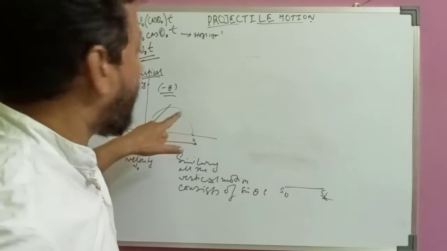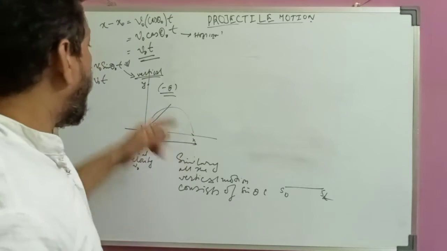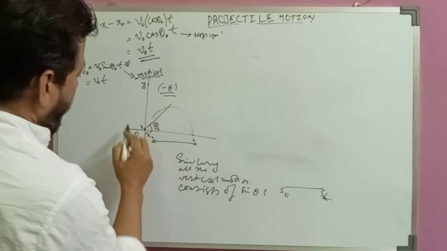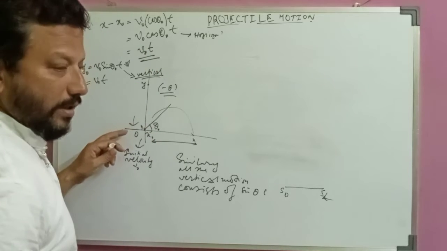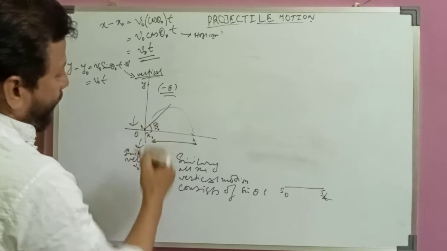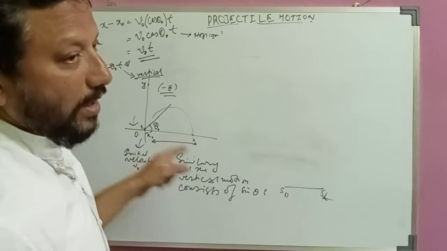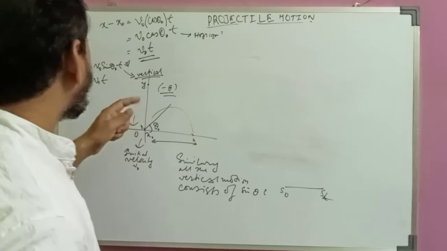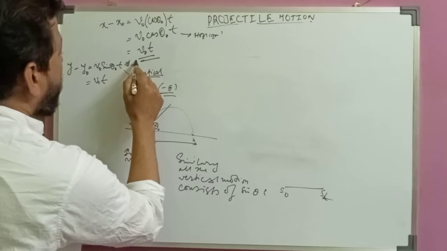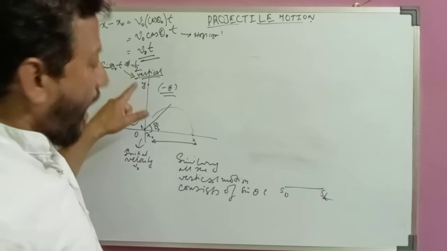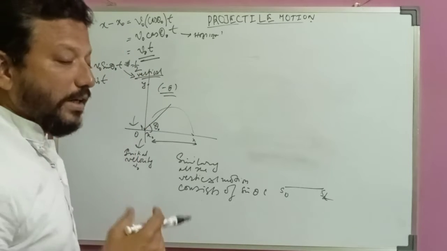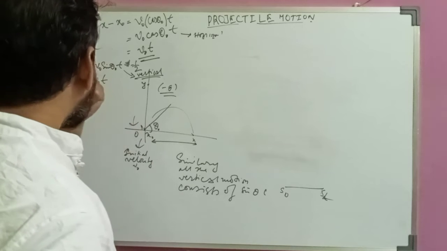Negative acceleration, because of gravity. The gravitational force, so automatically it comes as minus g. So we can write minus half g t square.